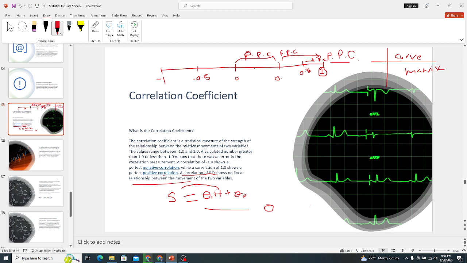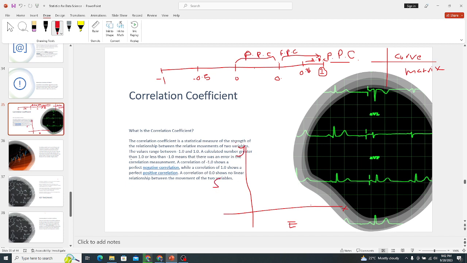What do we mean by the term linear relationship? For example, if we were to plot experience and salary, we would get a linear equation, a straight line. Let's say this is experience in years, our x values, and then we have salary as our y value.